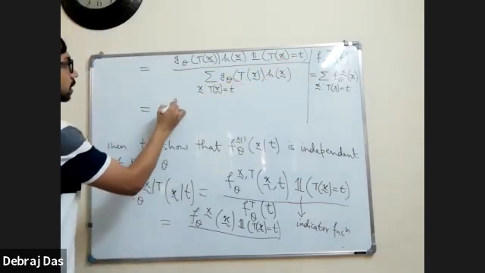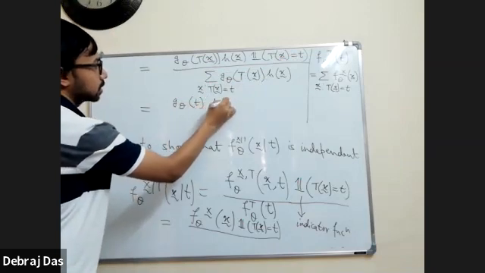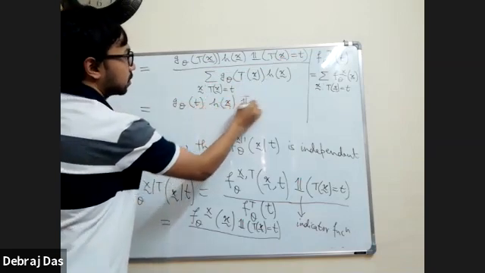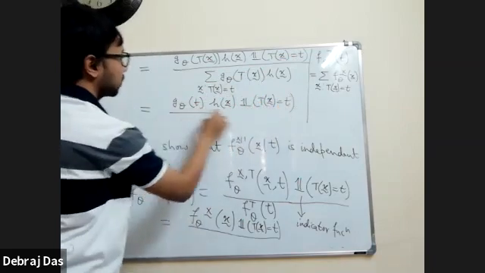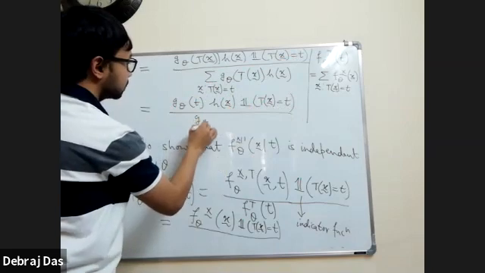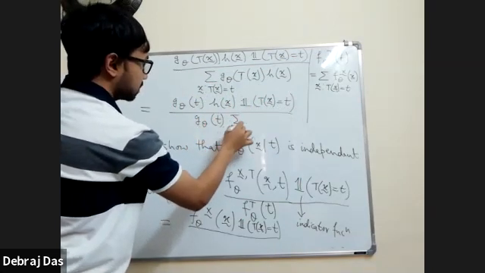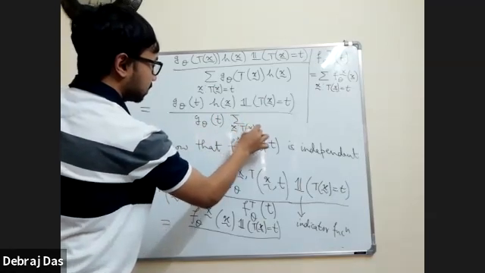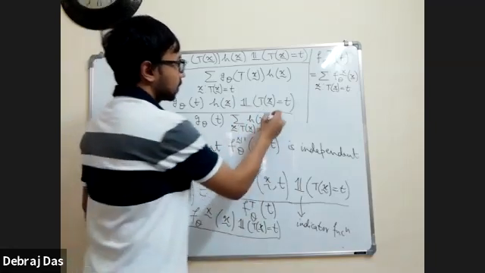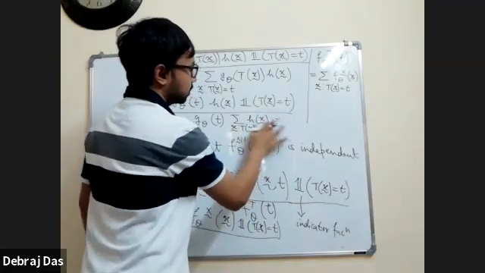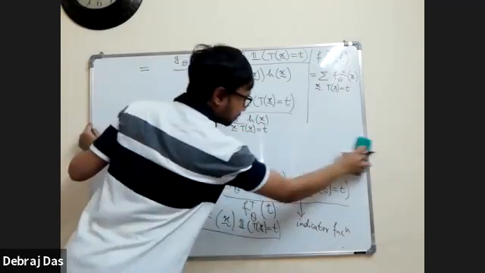So it's simply g theta of t times h of x curl times the indicator. And similarly, this is g theta of t times the sum over x curl such that T of x curl equals t of h of x curl, with the indicator. Right? Fine.